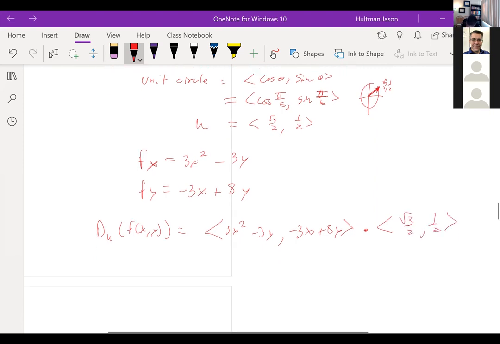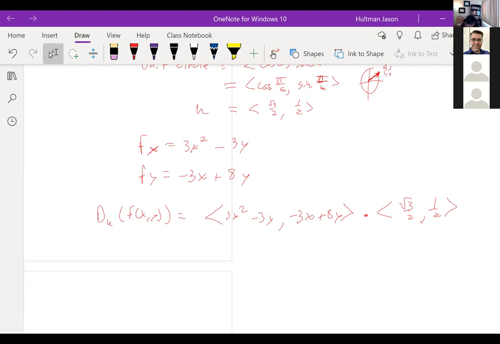Okay, so let's dot this. I'm just going to distribute this over this guy and this over this guy. So this is going to be 3 radical 3 over 2 x squared minus 3 radical 3 over 2 y.